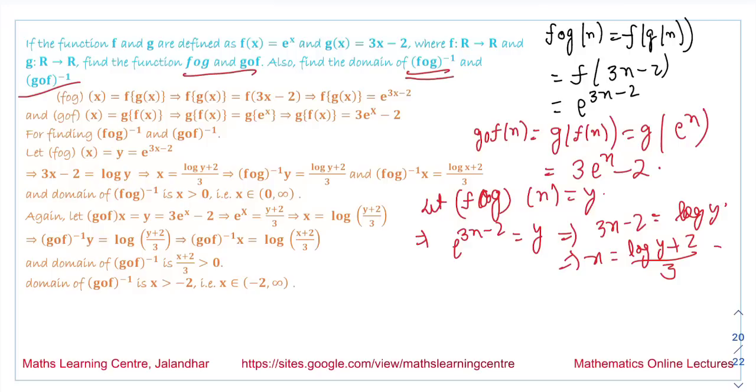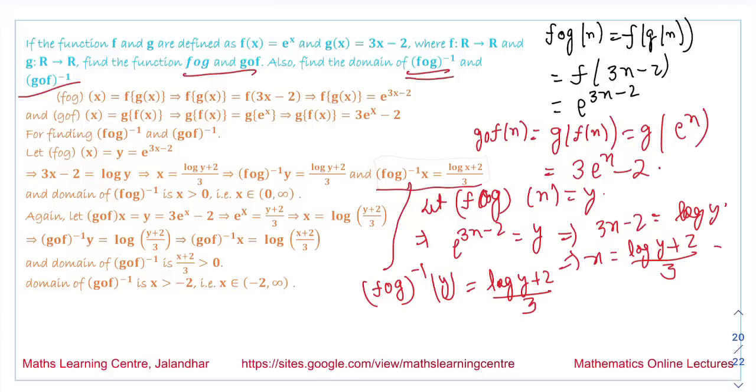So what we get from this is that FOG inverse of y is equal to (log of y plus 2) by 3. The function will be defined for y greater than 0. So the domain of this function will be 0 comma infinity.